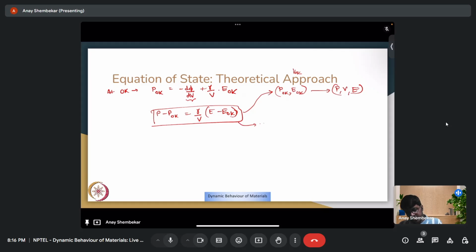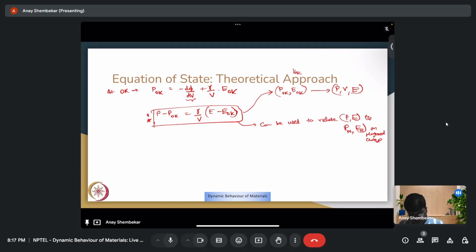This equation can alternately be used to relate P, E to P_H, E_H on the Hugoniot curve. So this is the Mie-Gruneisen equation of state.